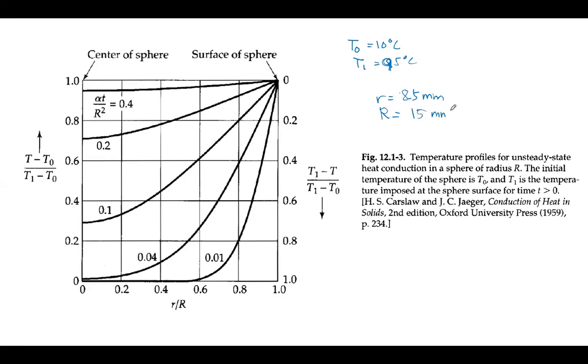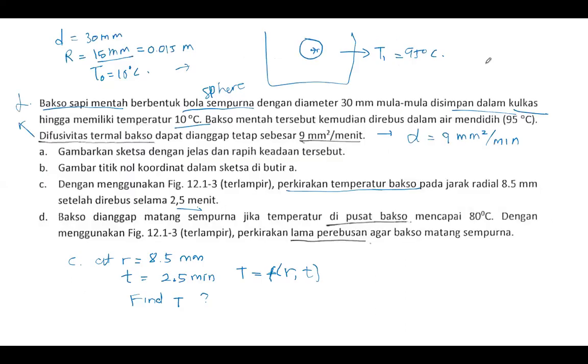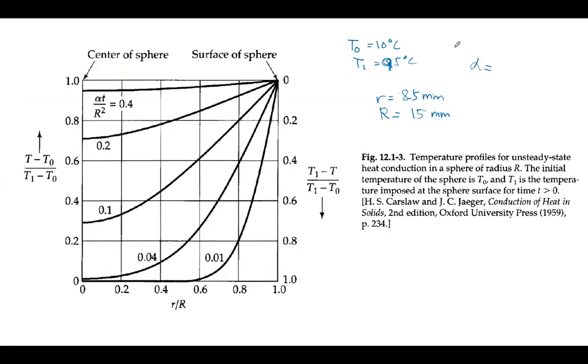Okay, so we can first calculate the position, and also we know the alpha. Alpha is 9 millimeter square per minute.